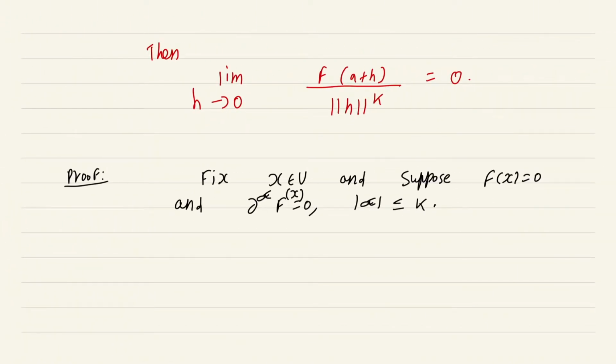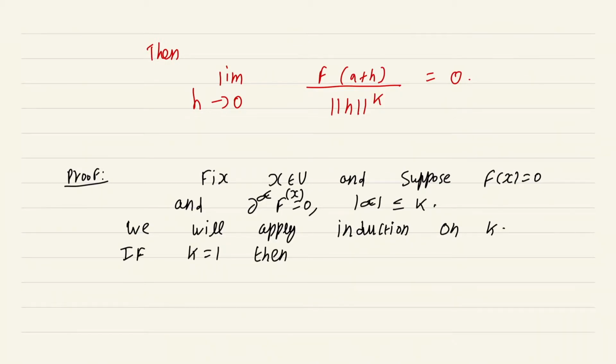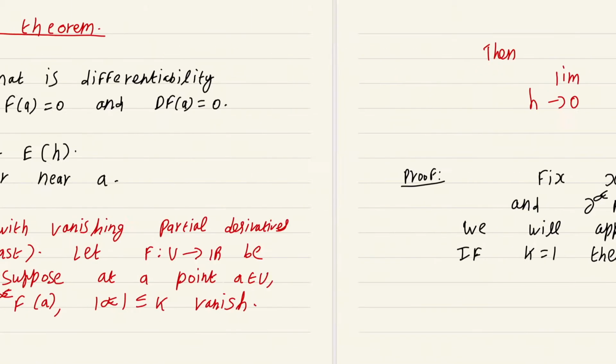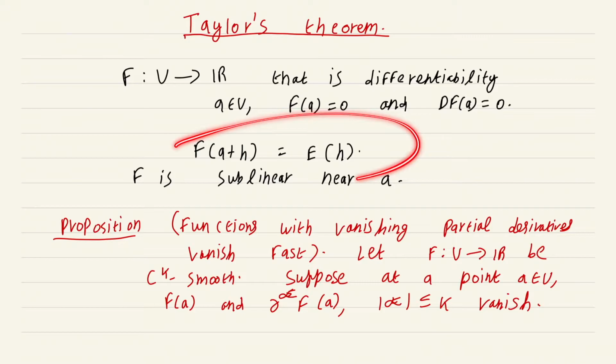Now we will apply induction on k. If k is equal to 1, then we are done, because we just analyzed that case right here. f of a plus h is e of h, and the characteristic property of the error function is the limit as h goes to 0 of e of h by norm h equals 0.